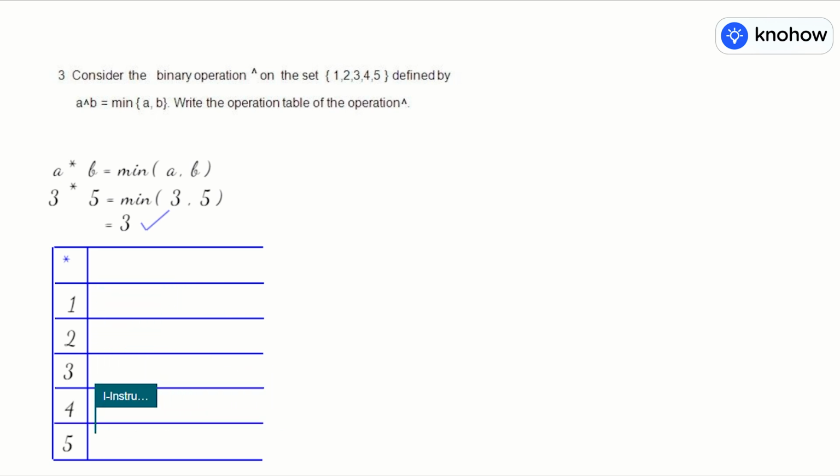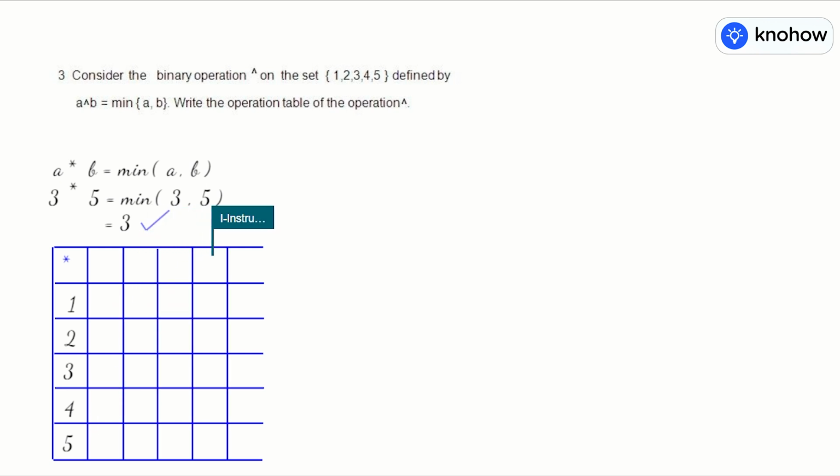For making an operation table, in the extreme left column we write 1, 2, 3, 4, 5, and in the top horizontal row also 1, 2, 3, 4, 5. And how will this table work? It is like this. 1 star 1, the result we shall write here.